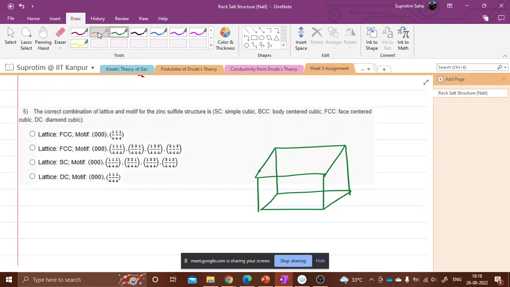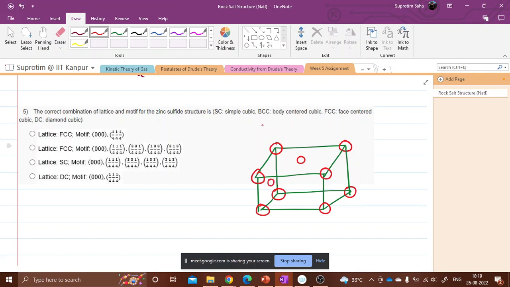So x is at 0 0 0, and at the faces, right?